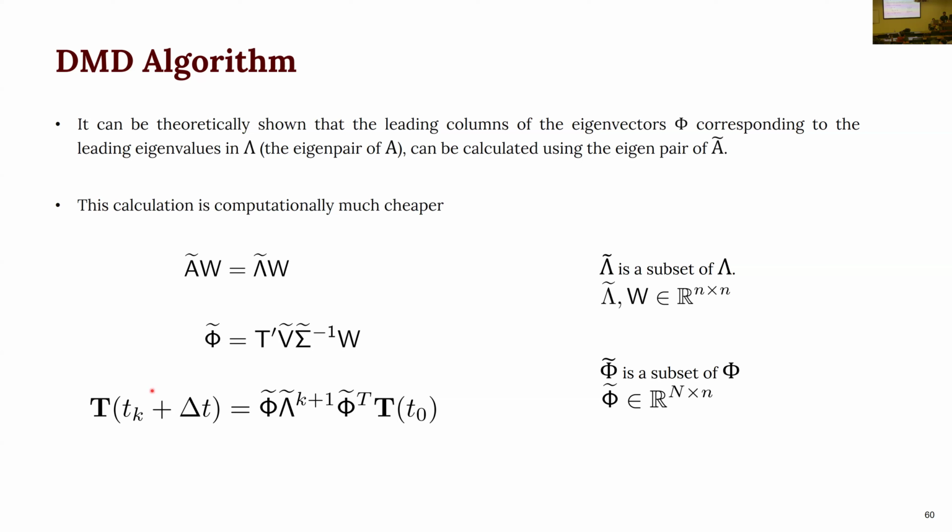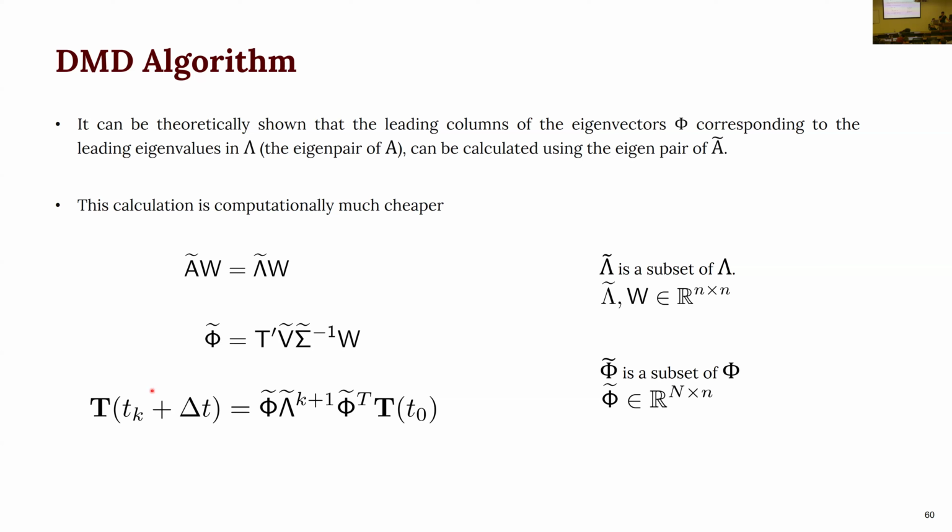There is something called window DMD, where you can chunk the data into different windows and have different DMD models for each. But at least we can make some kind of temporal extrapolation. We can estimate some time, probably not huge, but let's say after 1 second, what happens?